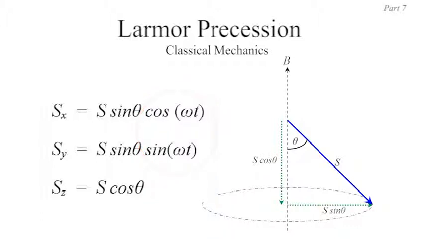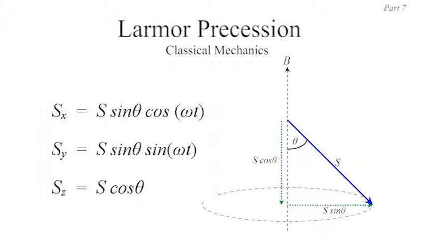If at time t equals 0, Sx is a maximum, then it will be a cosine function, cos omega t. Sy will therefore vary as a sine function, sine omega t. You probably know that when you have a cosine function and a sine function at right angles to one another in space, they combine to give rise to circular motion. And so here we get the anti-clockwise circular motion of the precession when looked at from above.